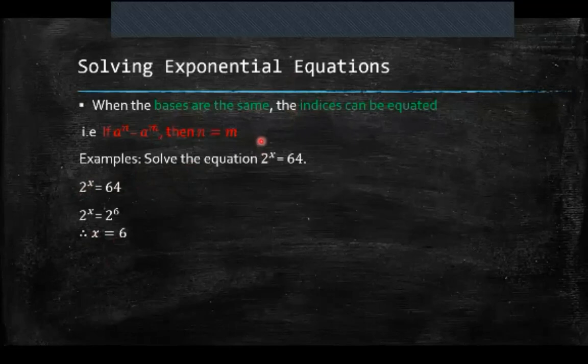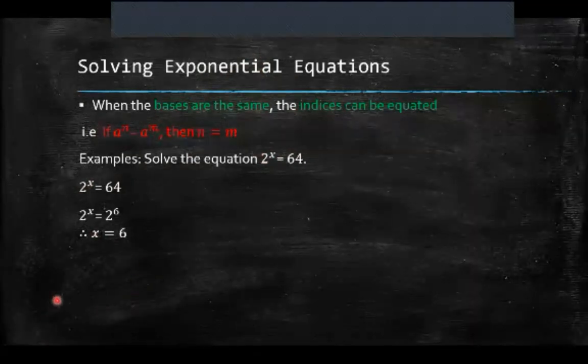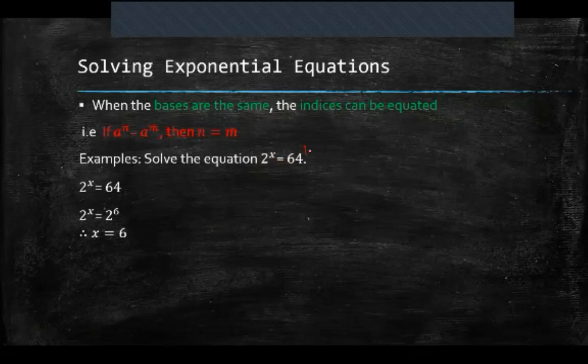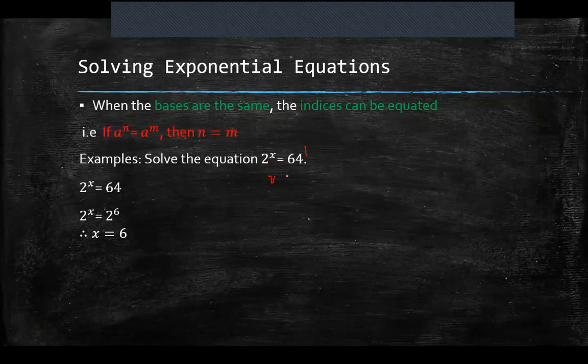This is just an example to show you that. 2 to the power of x is equal to 64. However, when using this rule, the bases are the same. Please remember that because as you move on to other topics, people get confused with this, right? Sometimes they would see 2 different bases. So they're saying 2 to the power of x is equal to 64. They might say, okay, 64 has a power of 1, so that means x must be 1.